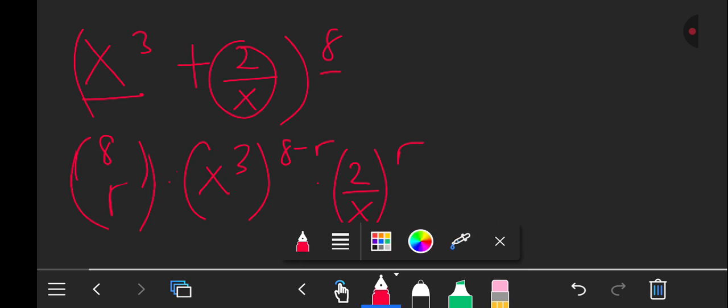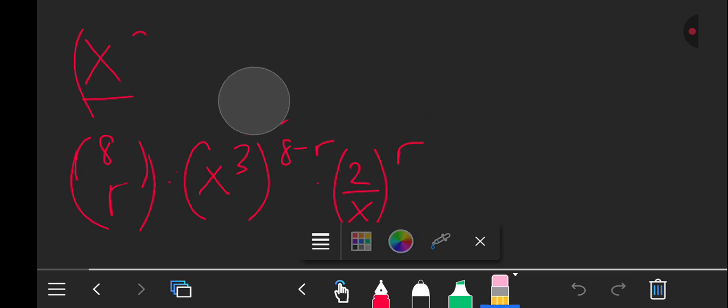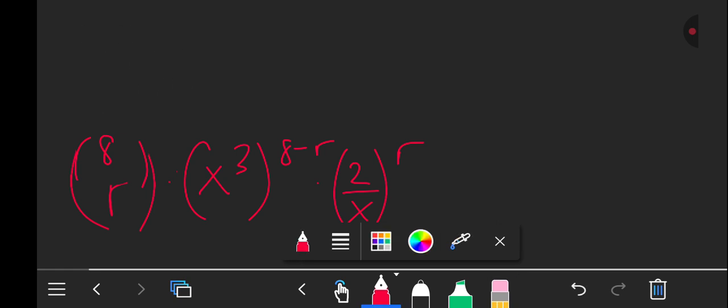Let me get rid of the top part there. So what do we have? So we have 8 combination r multiplied by, I can multiply 3 throughout there, so I'm going to have x, then I'm going to say this 3 multiplied by 8, so that will be the power 24.